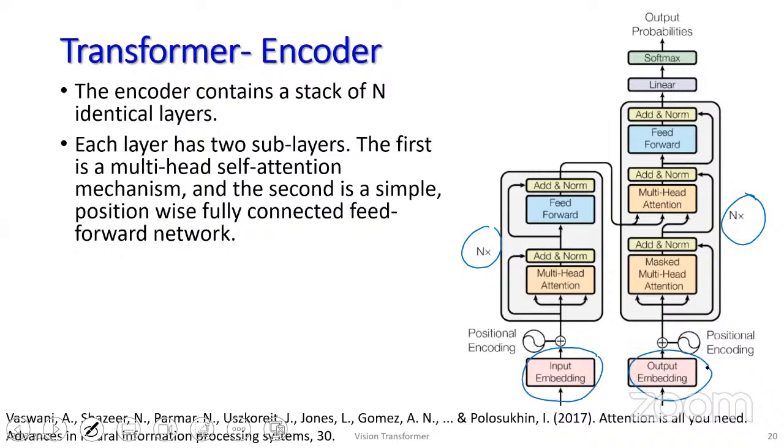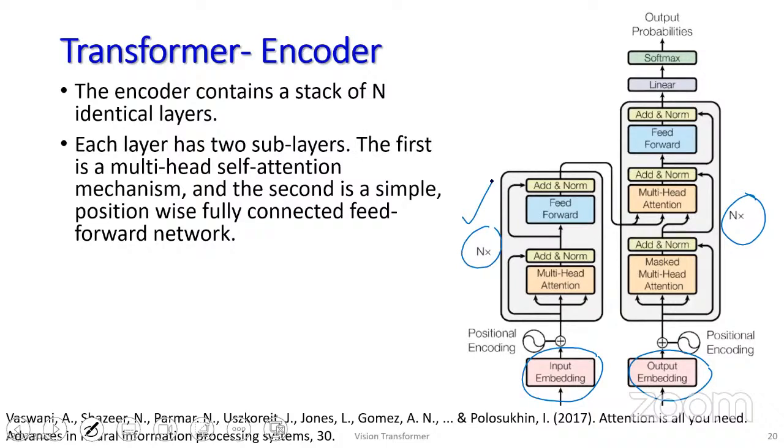The encoder contains a stack of n identical layers. This n in the paper by Ashish Vaswani is taken to be six identical layers. Each layer has two sublayers. The first is a multi-head self-attention. Don't worry if you don't know what a multi-head self-attention is, I'll explain it to you.